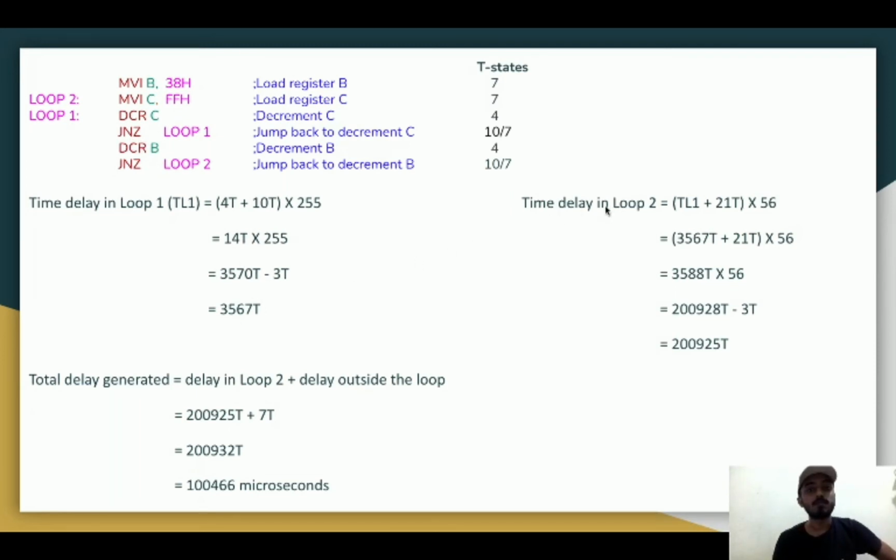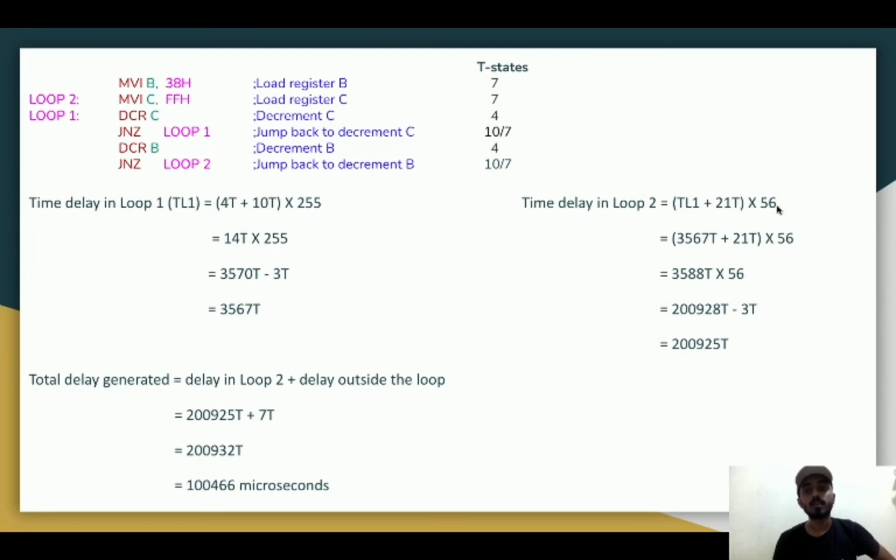Now for time delay in loop 2. As loop 1 is contained within loop 2, we can directly put the value here, TL1, plus the remaining part is for MVI, which is 7T, for DCR, which is 4T, and for JNZ, which is 10T. So adding 10T plus 4T plus 7T gives 21T.